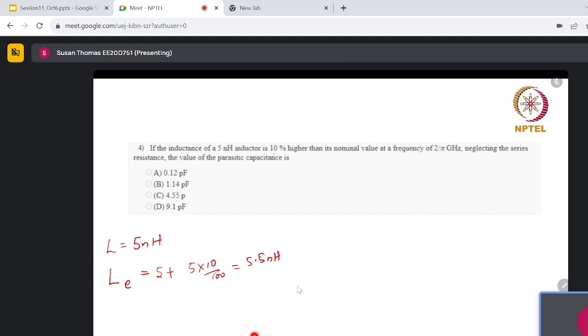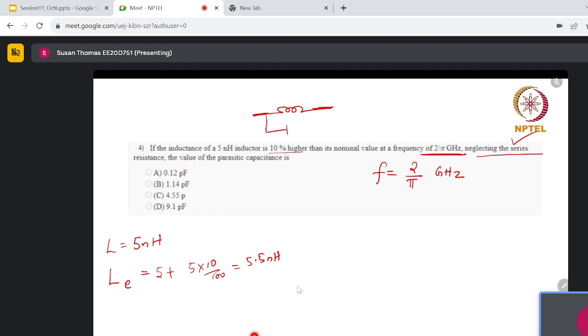So the effective inductance is higher than the nominal value at a frequency of 2 by pi gigahertz, neglecting the series resistance. Always remember, when we say an inductor, the leads of the inductor will have a resistance, which we call a series resistance. If we neglect that series resistance, what is the value of the parasitic capacitance?